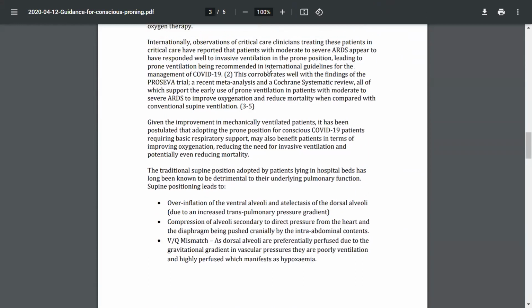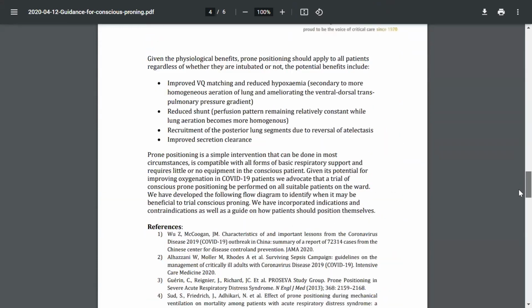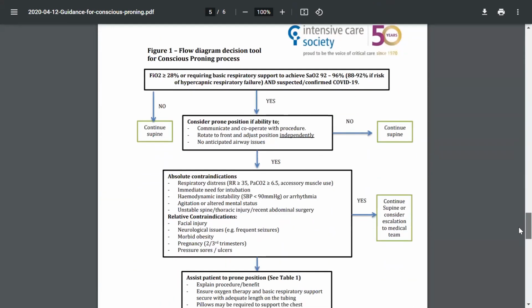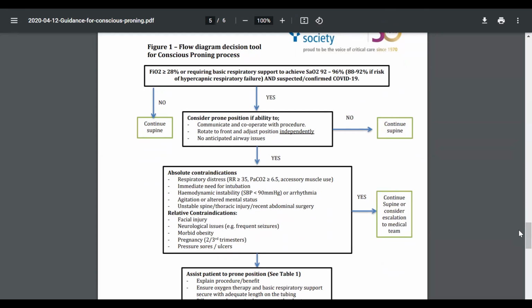The key point about prone positioning is that you are minimizing VQ mismatch, or ventilation perfusion mismatch, usually because of the area of the back where the patient is lying. You have too much atelectasis, and then you change the position so that the other areas of the lungs can get more oxygen.